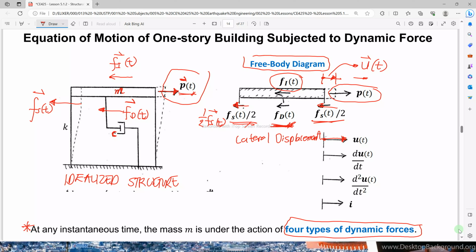Now, if we differentiate the lateral displacement with respect to time, we will have our lateral velocity, also called our response velocity, the response of the structure to the applied dynamic force. And then if we differentiate again for the second time the lateral displacement, we will have our response acceleration. So that is the response of the structure. And this one here is just the unit vector, since this is a vector quantity.